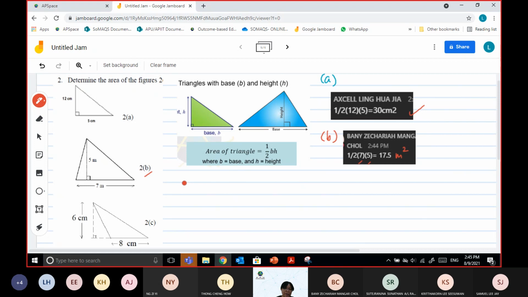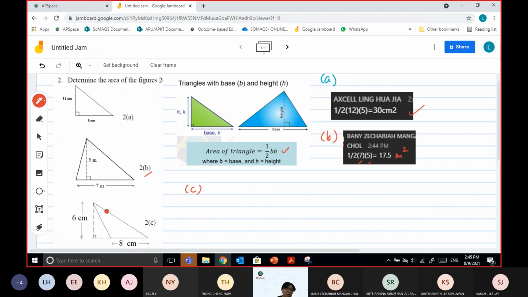Then some students shared the solution for C. Even though C looks different from the two triangles that I put in the slide, we can still use the same formula to calculate this type of triangle.